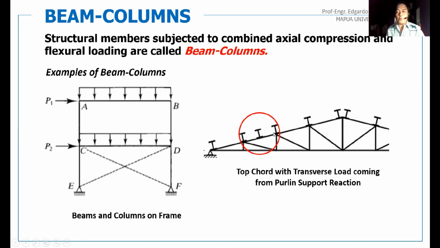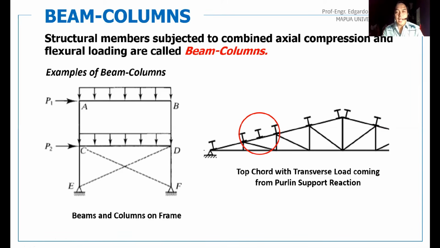If you want your top chords to be analyzed as axially loaded members, in the analysis you do not place purlins at the mid span or within the span of the top chord. It would be easier and more practical to place all the purlins at the joints of the top chords. Otherwise, we have to analyze these members as beam columns.